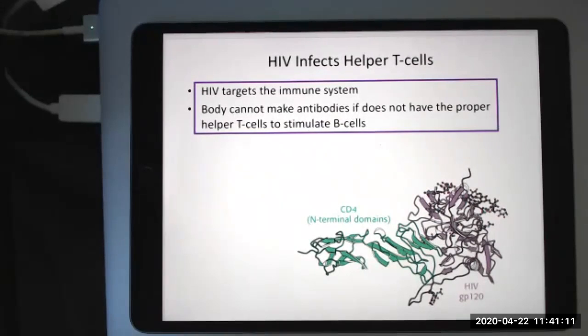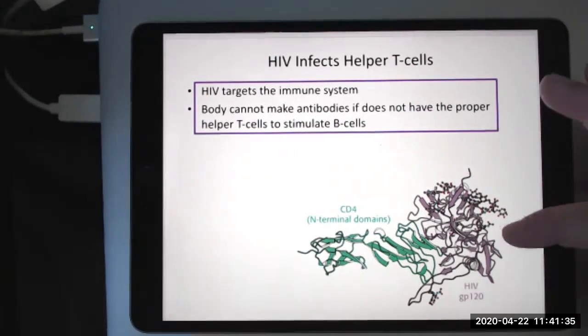Usually what ends up happening is AIDS, acquired immunodeficiency syndrome. Your body can't mount a defense against other pathogens, and so it's the secondary infections that end up causing death. But by infecting the helper T cells, it prevents that response from getting destroyed.